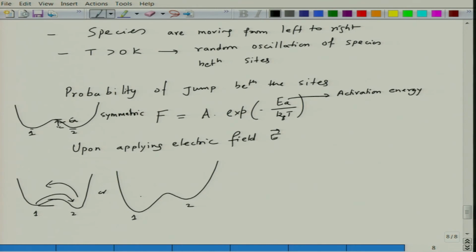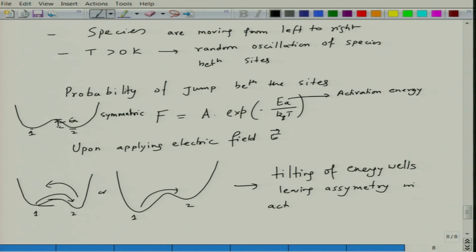In the converse case, the hopping from 1 to 2 is more difficult, but 2 to 1 is easier because the energy barriers are now reversed. So, basically, application of an electric field leads to tilting of energy wells, leading to asymmetry in activation energy barriers.